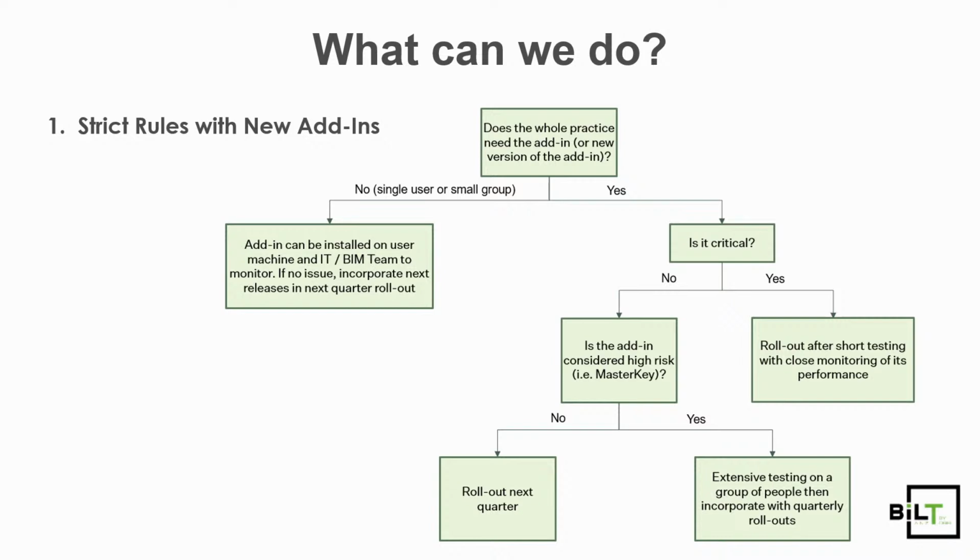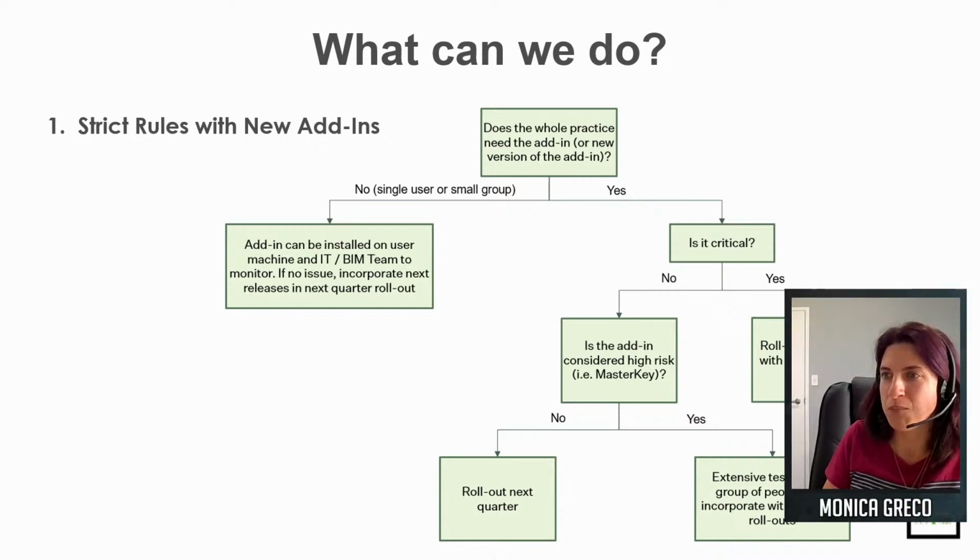But then we also ask ourselves, is it considered high risk? Here I put an example of MasterKey. For those that don't know, MasterKey is a plugin that connects to MasterSpec, which is what we use for specification here in New Zealand. It's considered high risk for us because it's caused us a lot of headaches in the past. Most of our issues with plugins were due to MasterKey, with crashing and all sorts.